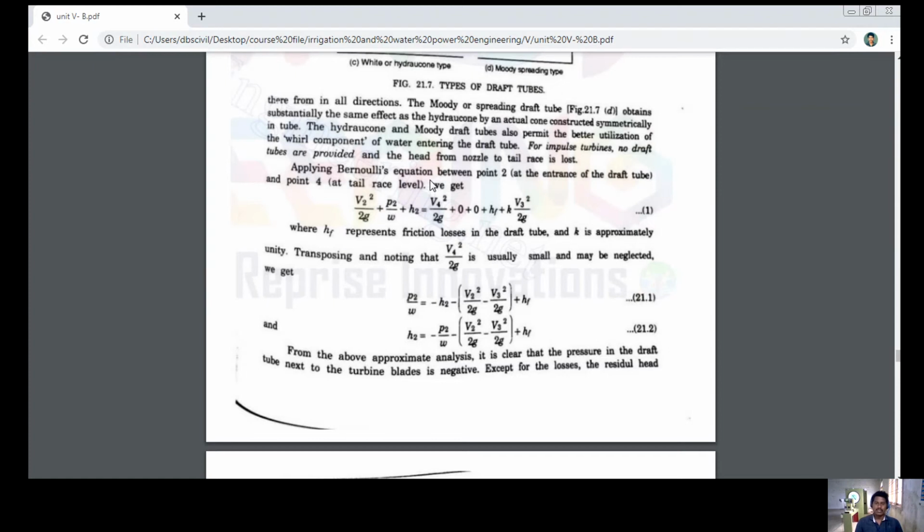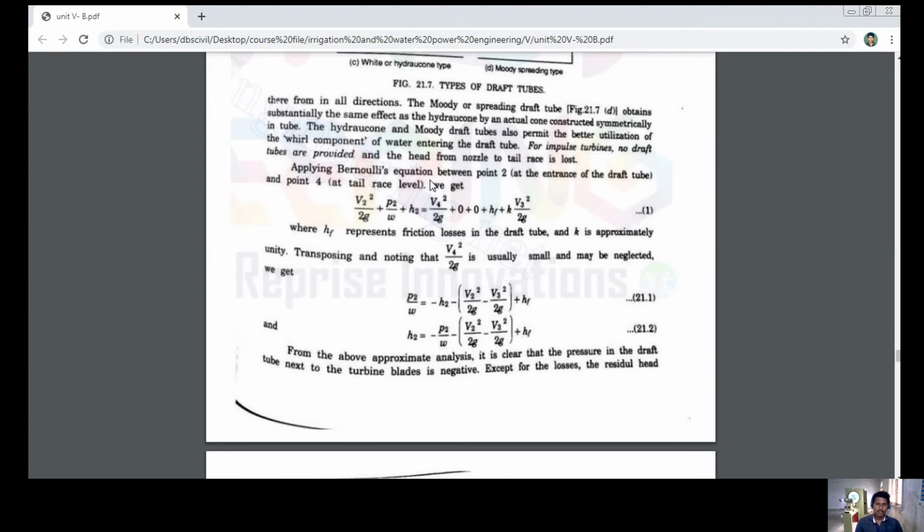Applying Bernoulli's theorem for the above condition between point 2 at the entrance of the draft tube and point 4 at the tail race level, we get this formula: V2 square by 2g plus P2 by w plus H2 equals V4 square by 2g plus 0 plus 0 plus HF plus K V3 square by 2g.